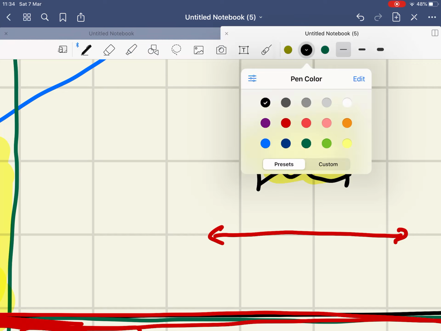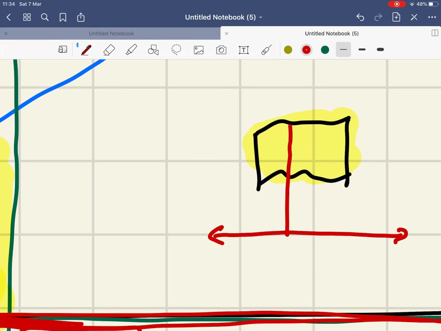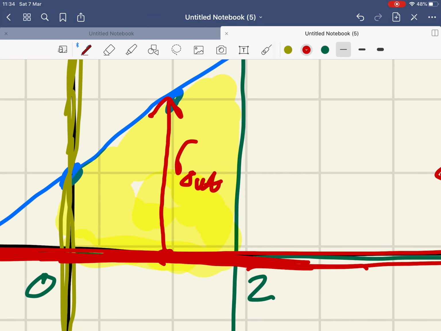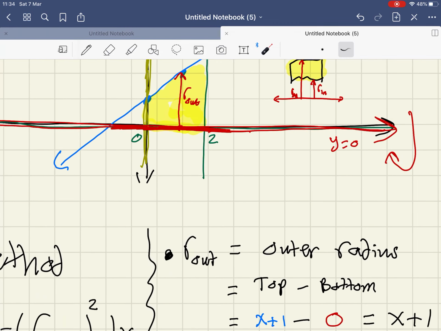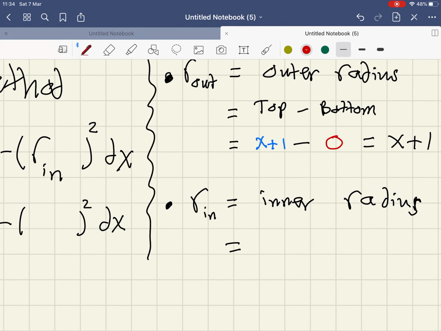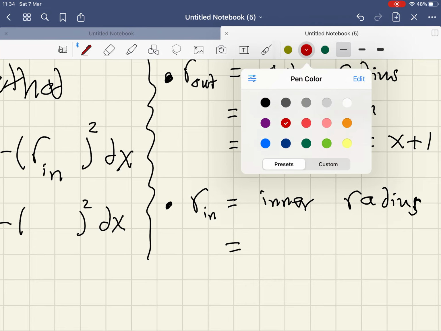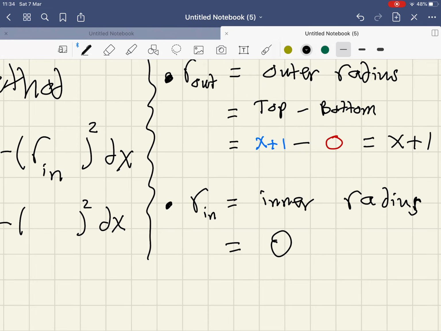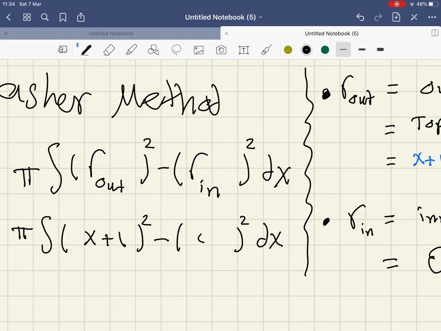Then it's clear that R out will be this one. This is R out, and R in will be this one. But in this case, we don't have any space here. So R in should be just the 0 function. And we have to plug this in here.